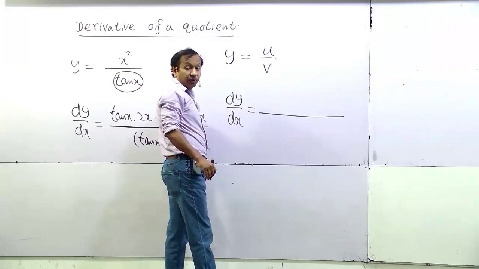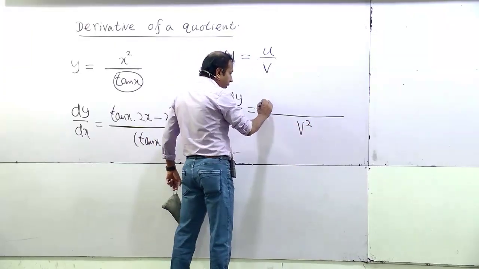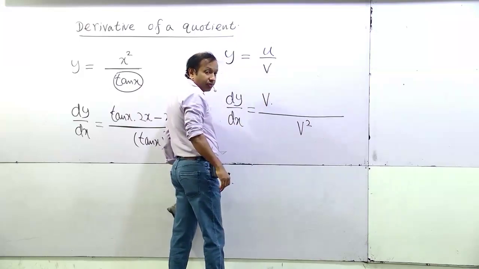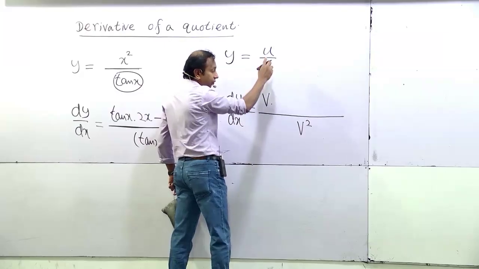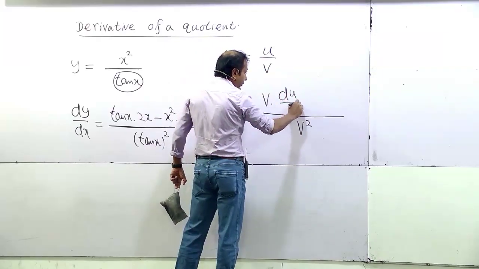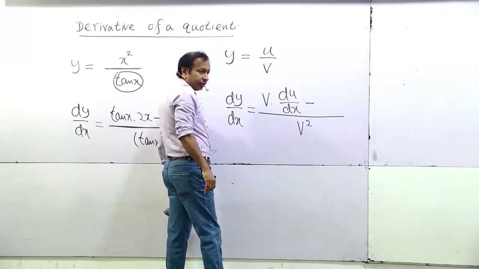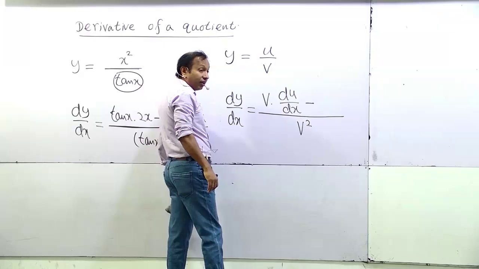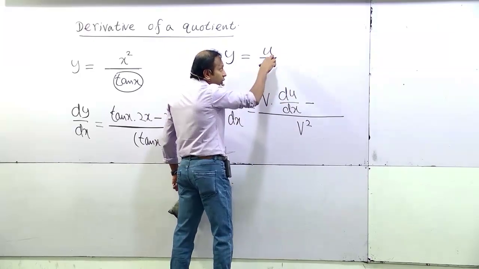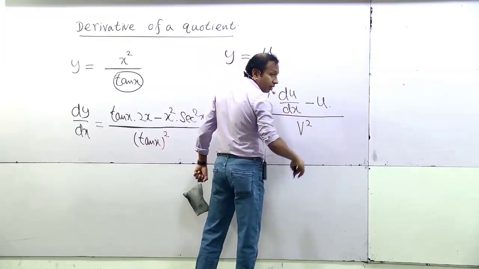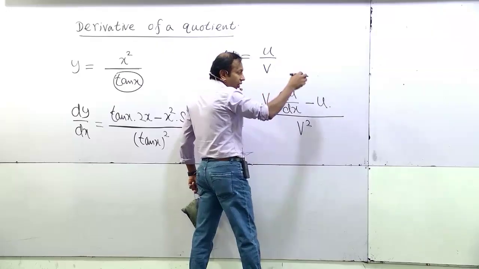v squared in the denominator, and in the numerator v times the derivative of u, du over dx. The sign is minus. Then secondly, u is kept the same, and now the one we did not differentiate, v, is differentiated.